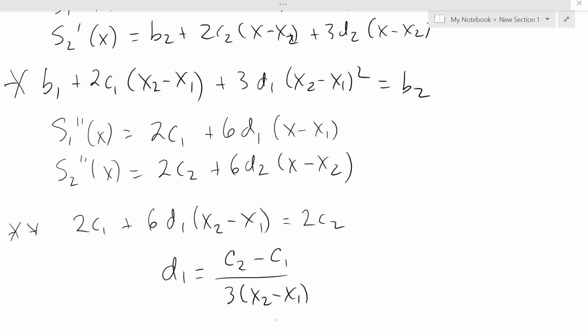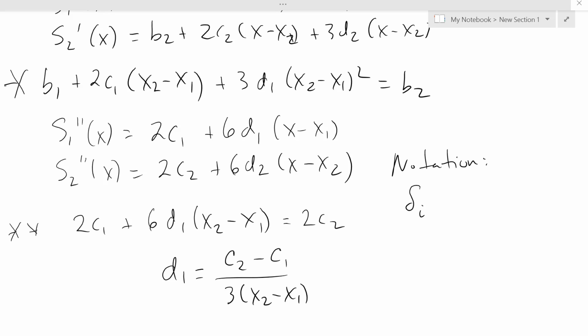Just to simplify the notation a little bit before I write the general formula, you can imagine that this is going to pop up every single time, right? Because if I do this for D2, this should be c3, c2, x3, x2, and so on down the line. But this difference should remind you of a delta x idea back from calculus. So for notation purposes, we're going to say little delta sub i, because we're also going to have a capital delta sub i in a minute.